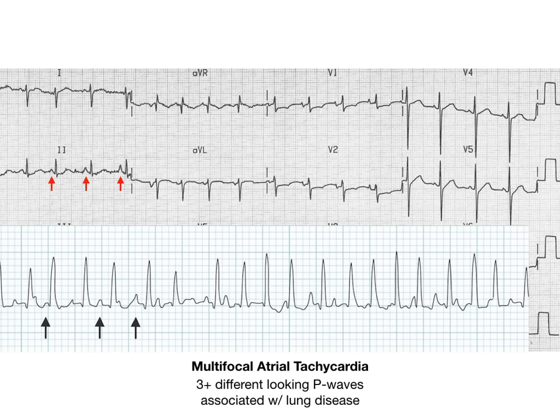So remember, MAT is associated with PFTs. That was my mnemonic. MAT for multifocal atrial tachycardia is associated with PFTs, or pulmonary function testing. Somebody with abnormal PFTs will have abnormal MATs. 3 or more different P waves because the heart is sending impulses from different areas because the lung disease is causing aberrant electrical activity of the atria.